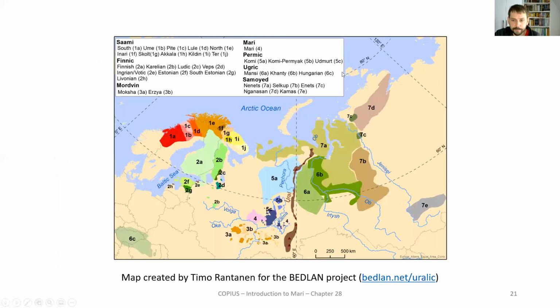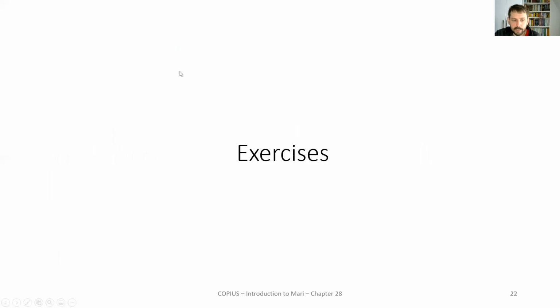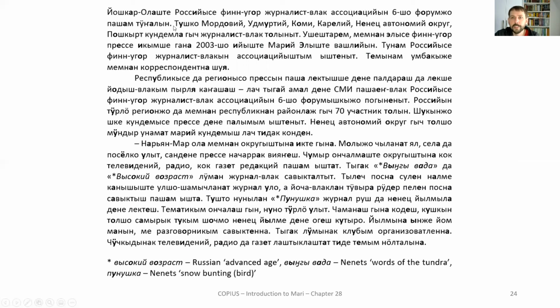And the journalistic text, the YouTube clip from Murray News that we have, pertains to a meeting of the Russian Finno-Ugristik Journalist Association, a forum that was held in Jyväskylä, and it includes an interview with a Nenets journalist that is then translated into Mari in the video clip.